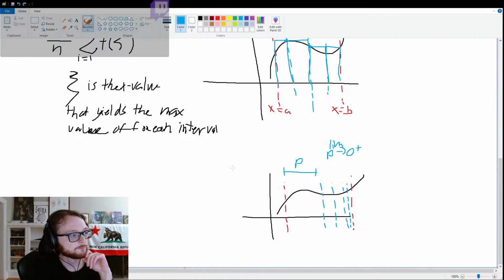But either way, you're always gonna make these things approach 0 when you go to actually define an integral. But yeah, you're absolutely allowed to have different partition sizes.